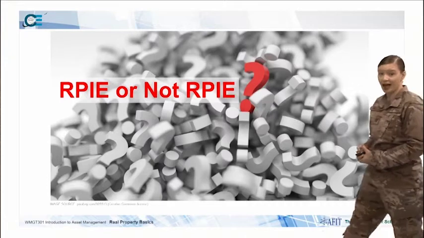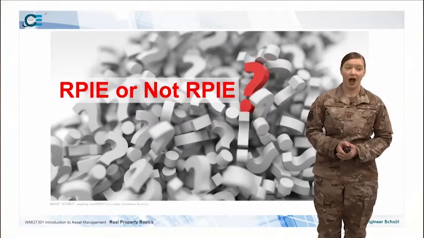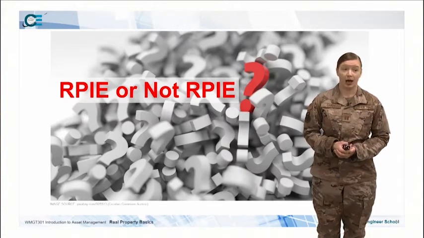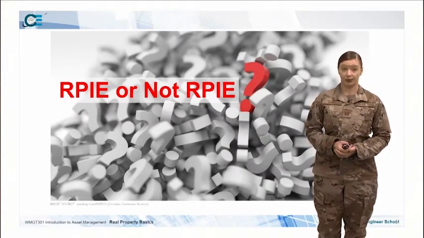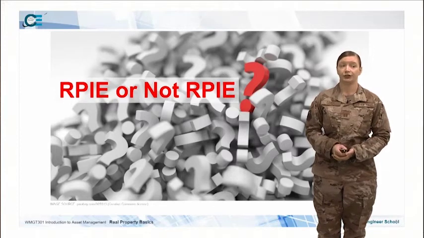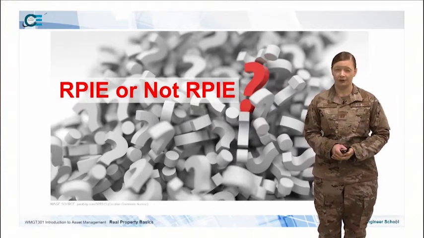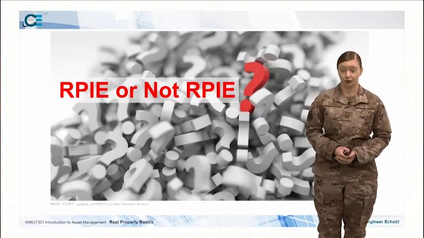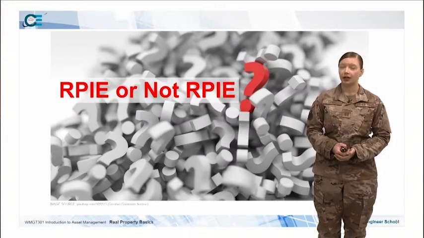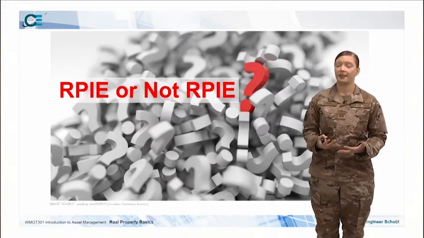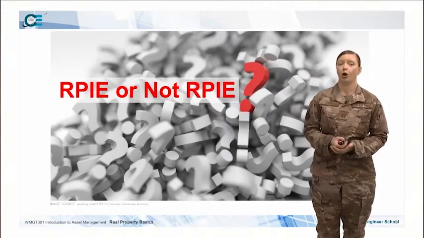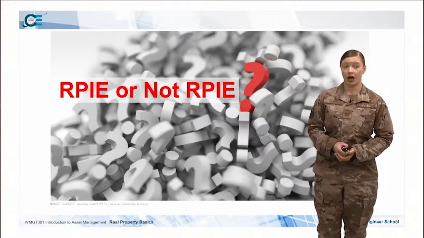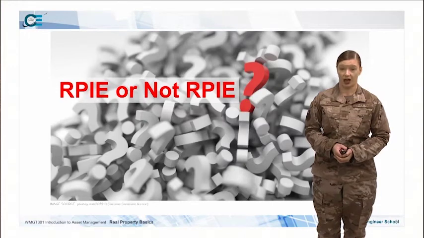Now, in order to test your real property acumen, we're going to do a quick activity. I'm going to put 5 different equipment items up on the slide and step off the screen so that you can think about whether they qualify as RPIE or not. Remember, RPIE is permanently attached real property, generally installed as a part of a construction project that cannot be removed from the structure without physically damaging the structure, and without which the facility would be unable to operate as designed.